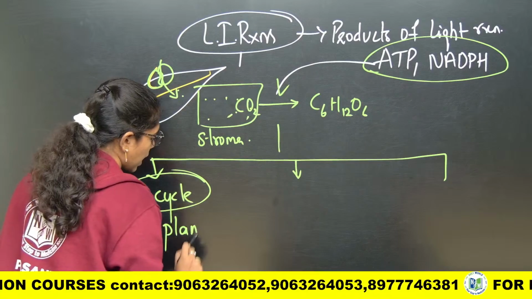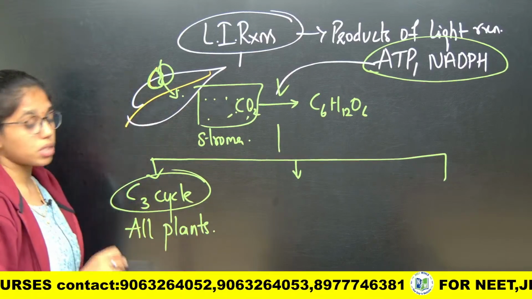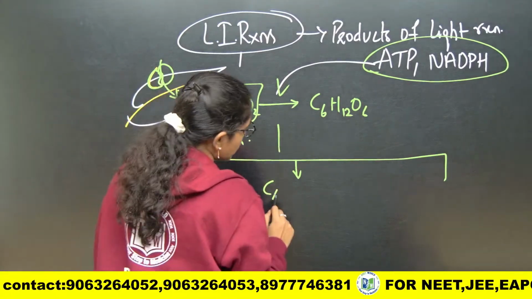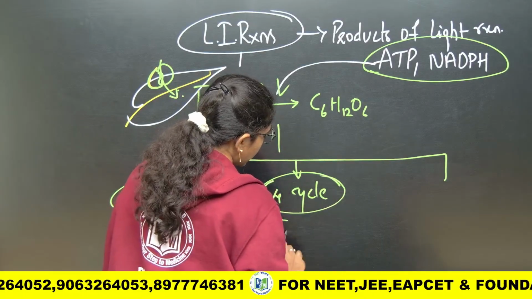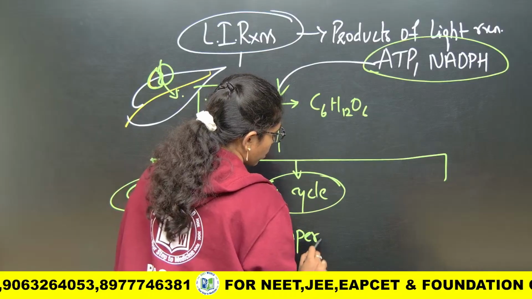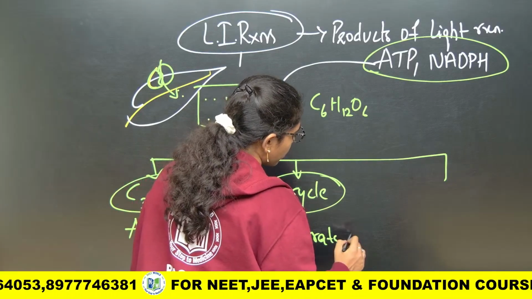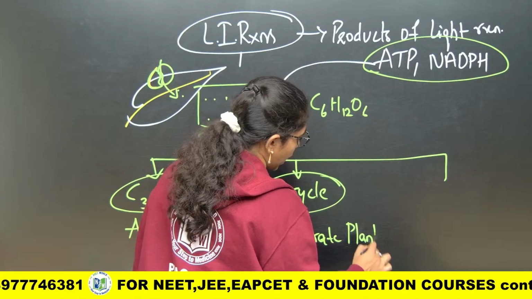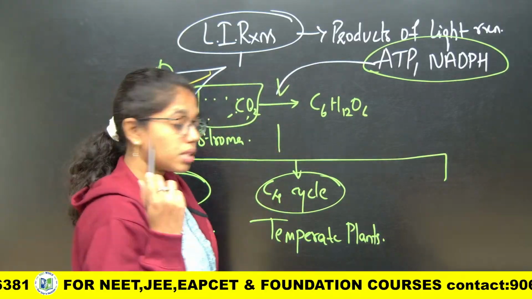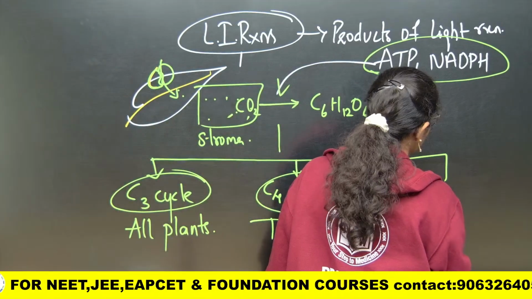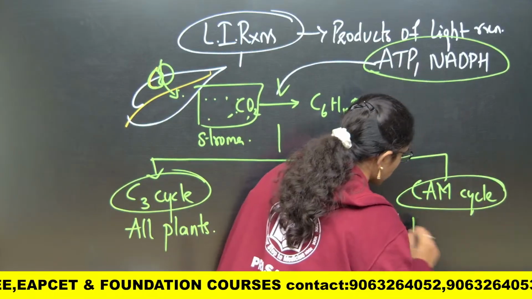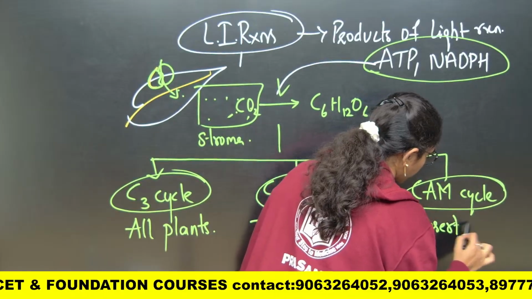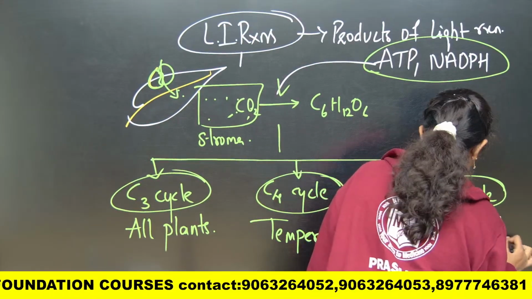And one more cycle, the C4 cycle, is activated only in the temperate plants. CAM cycle is the third cycle, observed in the desert plants. So remember this. This is very simple, right?